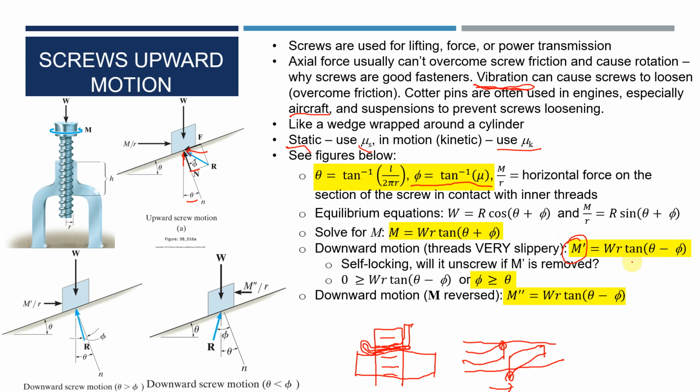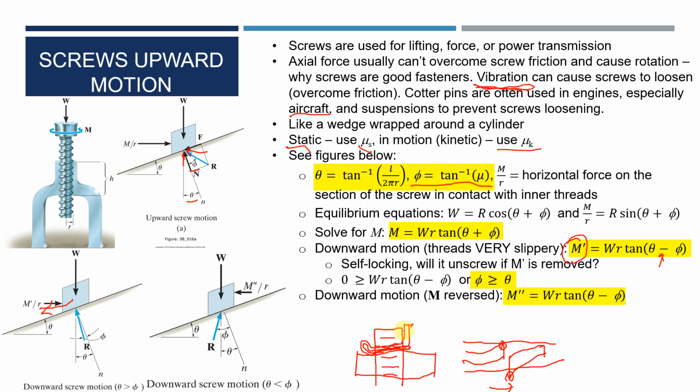And you have a negative sign here instead of a positive sign if you're going back downwards. Basically, if you're slipping down, you have a positive M, you're trying to push it up, but it's slipping down. You'll notice that the motion tends to be downhill, even though you're trying to push it up. The motion tends to be downhill, so the friction is aiming uphill, opposite to the motion.